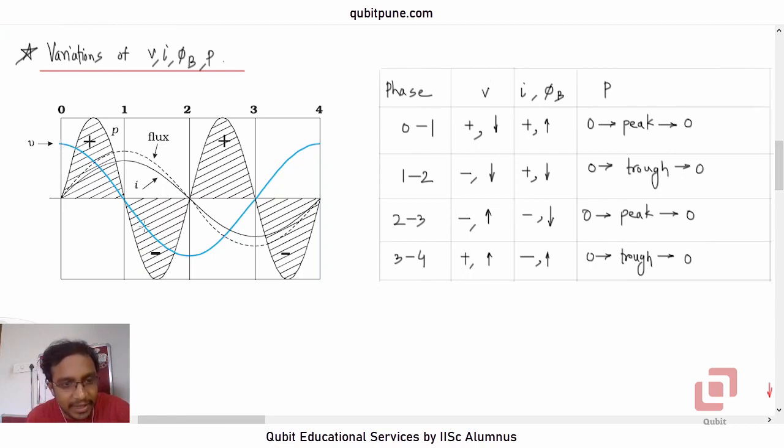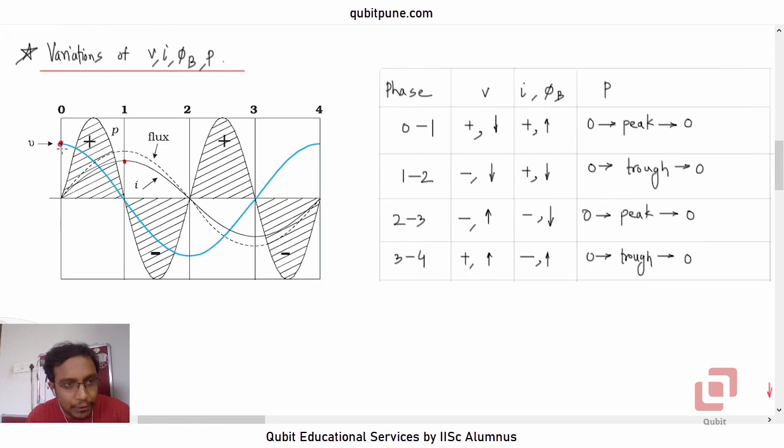This blue curve is actually a cosine curve, but it hardly matters now because if you know the phase difference between the two, voltage and current, that is not going to make any difference. The point to be noted is voltage has peaked, and after that the current has peaked here. Don't worry about the amplitudes now, because the amplitude of current is the amplitude of voltage divided by the inductive reactance.